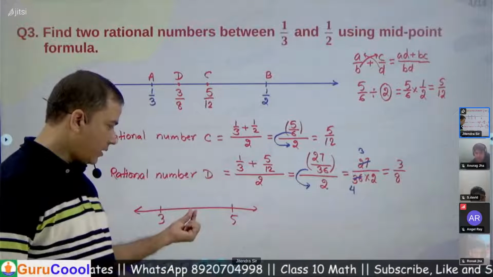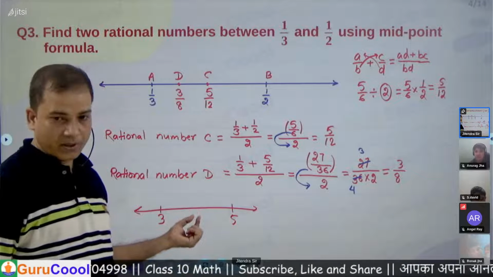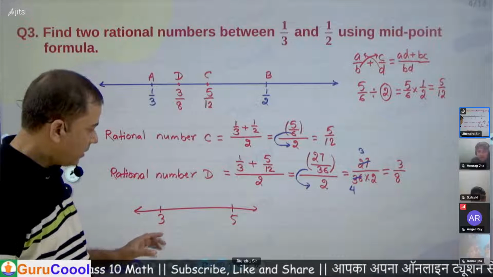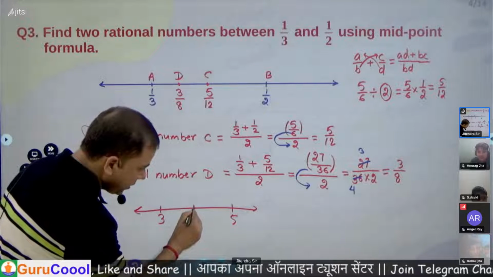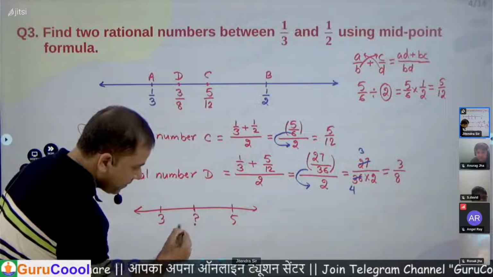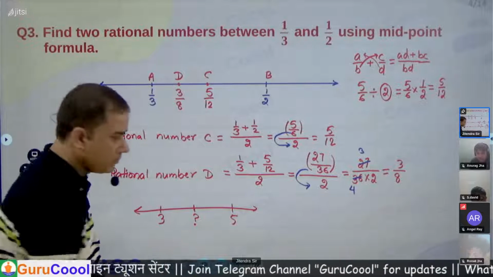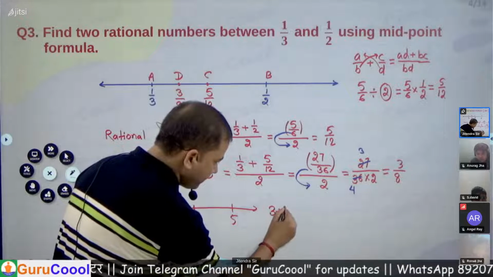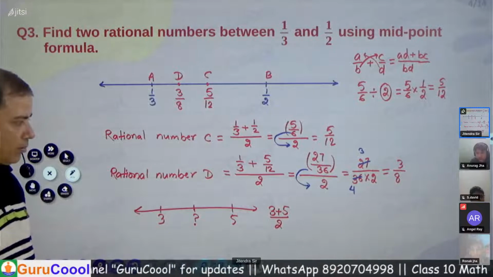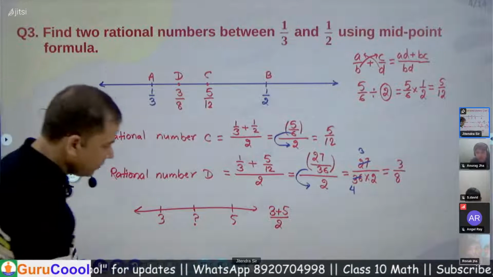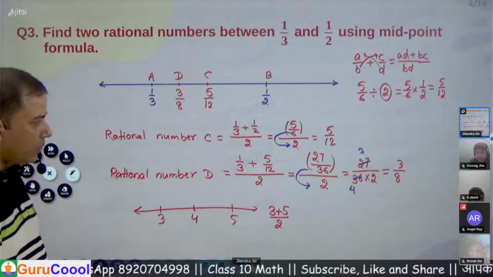In the center of 3 and 5, which number comes? To know that, you will add 3 and 5. This is the center point. You want to know which number this is, so add 3 and 5, divide by 2. What comes? 4. This number is 4. Let us do one more.